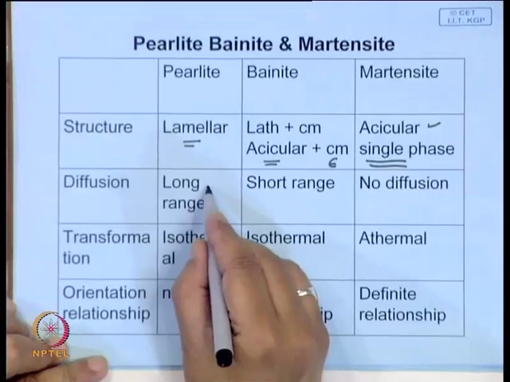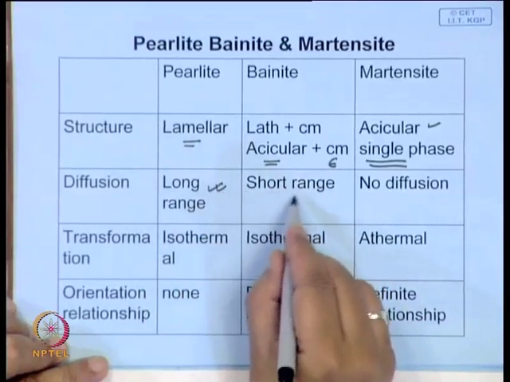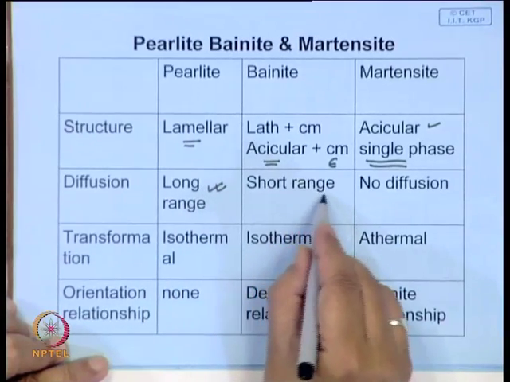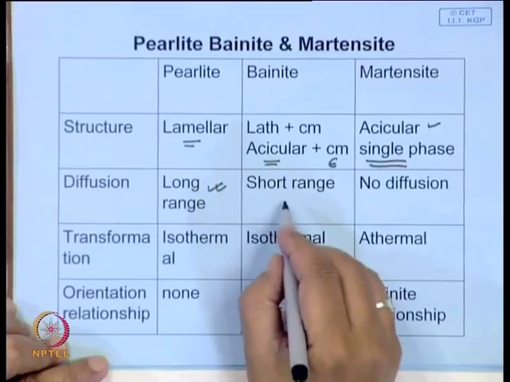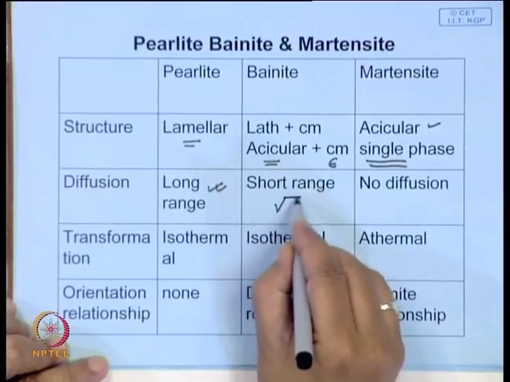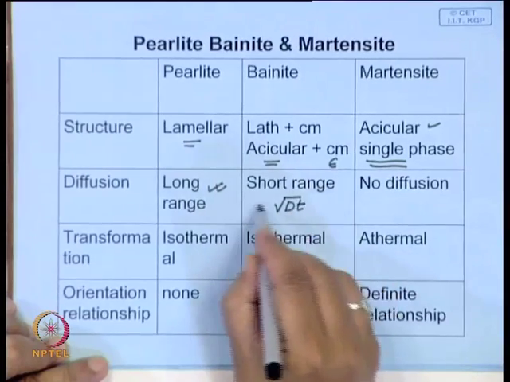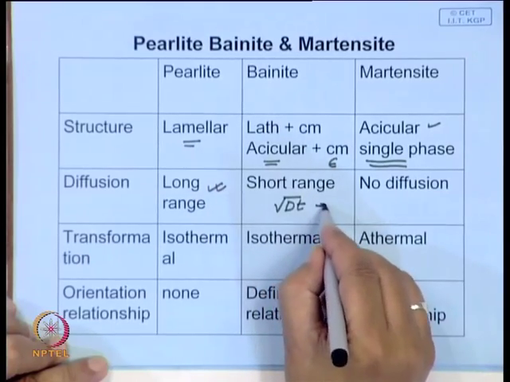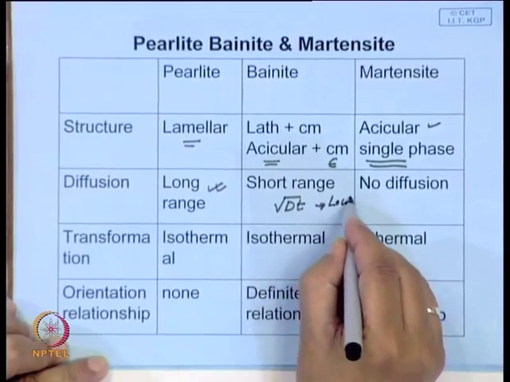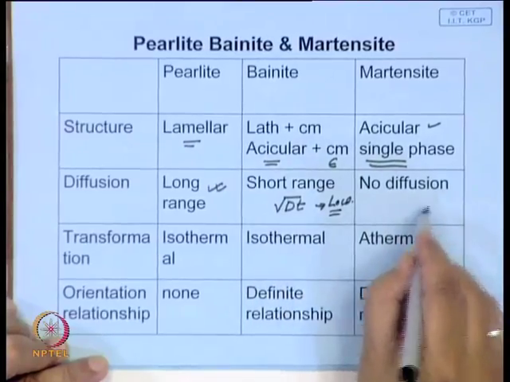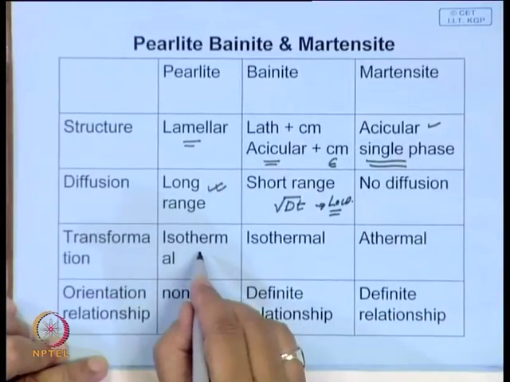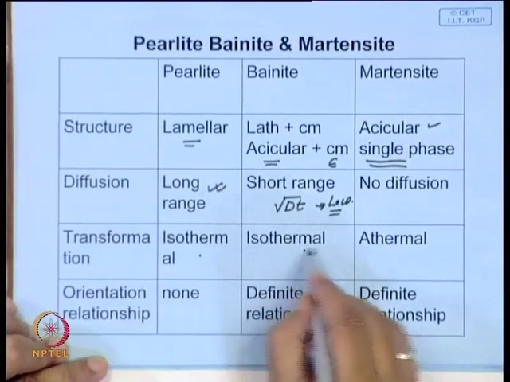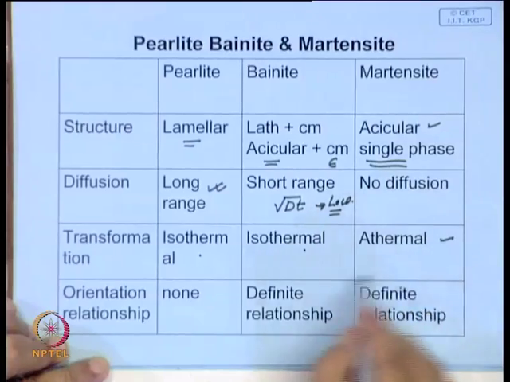Here there is a long range diffusion. Here also, since precipitate forms, there is diffusion, but the diffusion distance is low. That means root Dt, the length scale through which the carbon moves, is low. Here there is no diffusion. Transformation characteristic: this is isothermal, this is isothermal, this is athermal.